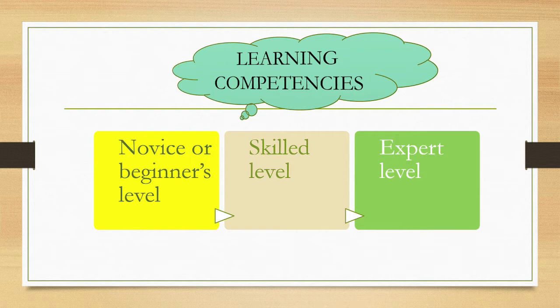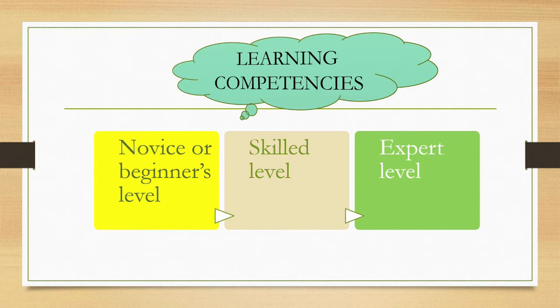In level 1, the novice or beginner's level, the finished product or project illustrates the minimum expected parts or functions. In the skilled level, the finished product or project contains additional parts and functions on top of the minimum requirements, which tend to enhance the final product.